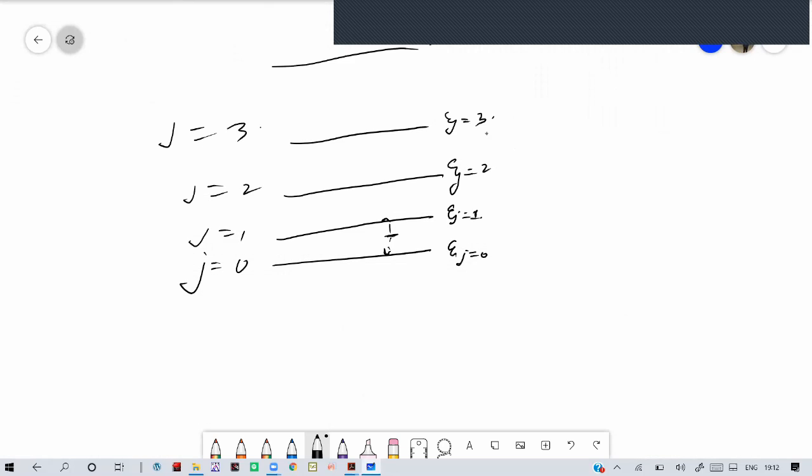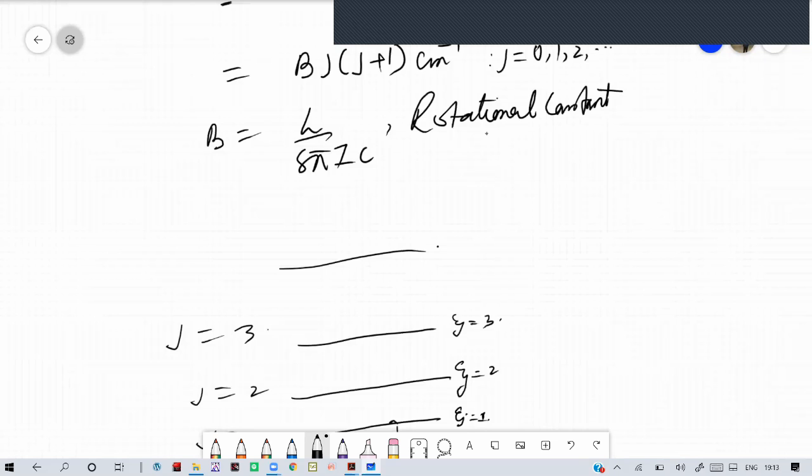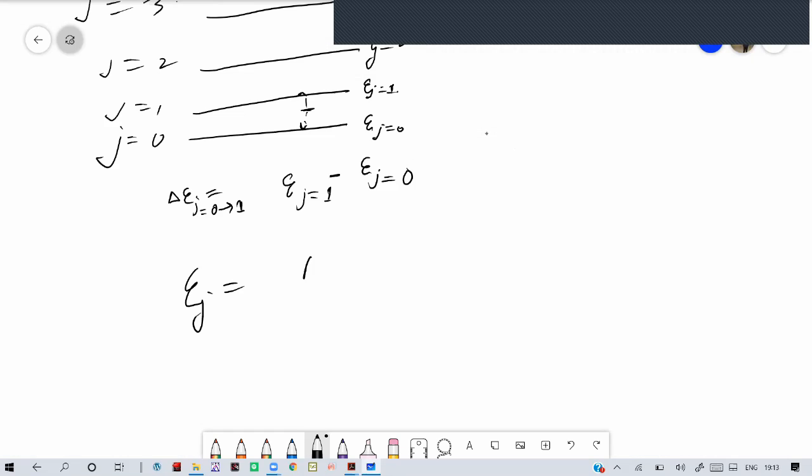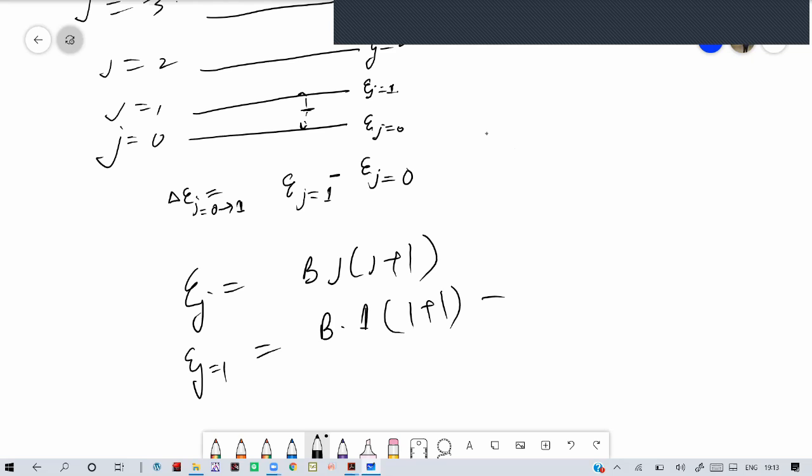If you want to find the difference, how will you find it? For delta E, J equal to 0 to 1, the difference between the energy levels J equal to 0 and J equal to 1, is equal to E_J=1 minus E_J=0. Now putting these values in this equation, we know that E_J is equal to B J into J plus 1. For J equal to 1, it is B into 1 plus 1, that is 2B.